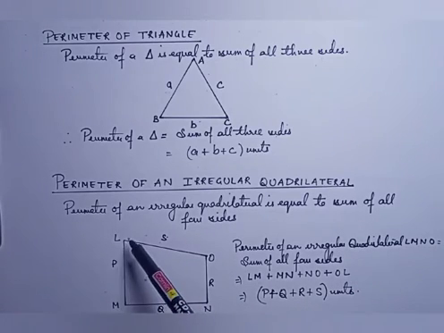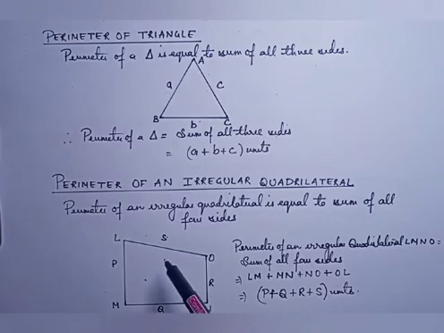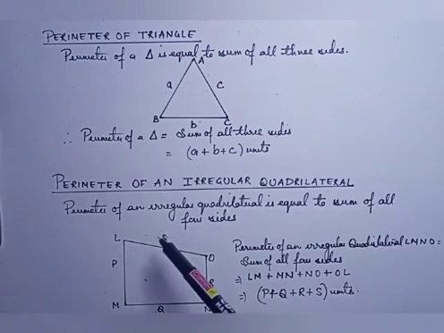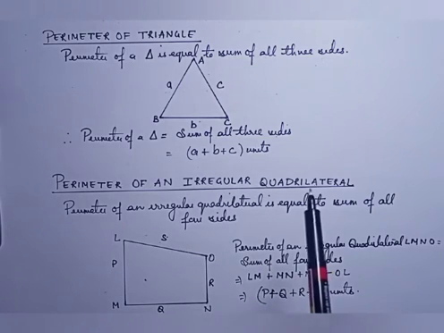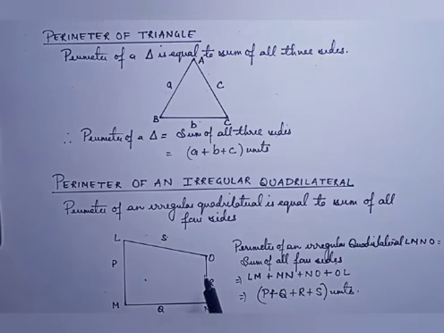So over here there are four sides and I have given the name to all the four sides, that is LM is equal to p, MN is equal to q, NO is equal to r, and OL is equal to s. So if I have to find out the perimeter of this quadrilateral, that will be equal to the sum of all the four sides, that is p plus q plus r plus s.